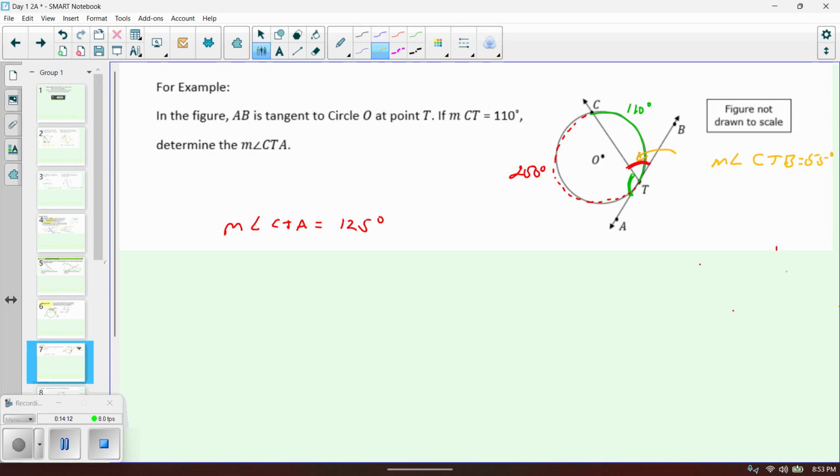And then you do 180 minus 55, which indeed gives you 125 degrees, which is that angle right there. And that's the one that we found over here. And again, either one of those ways works. It just depends on which way you see to do it. So there's no right or wrong way when it comes to doing that specific problem.